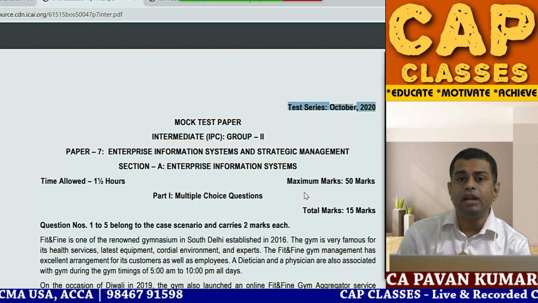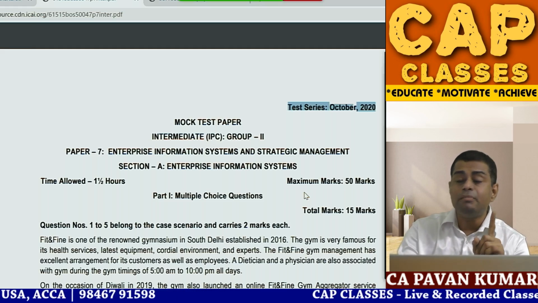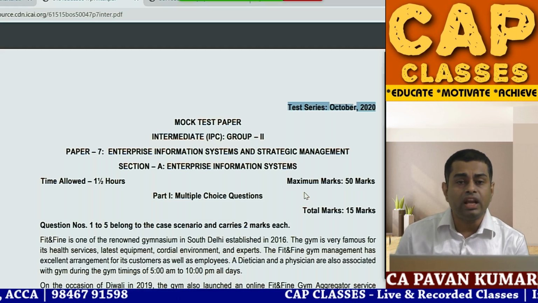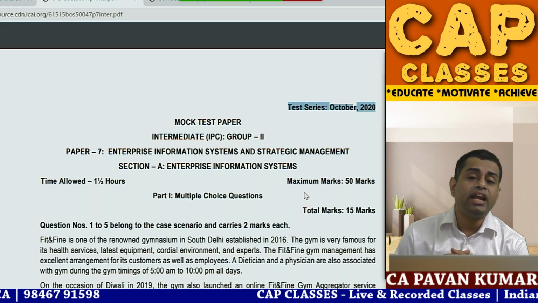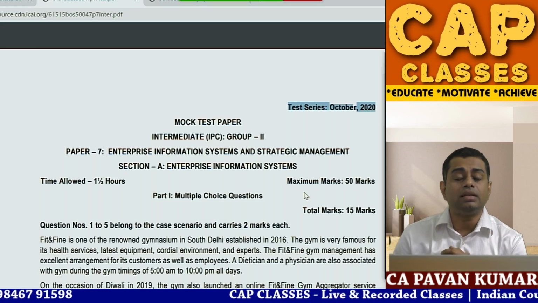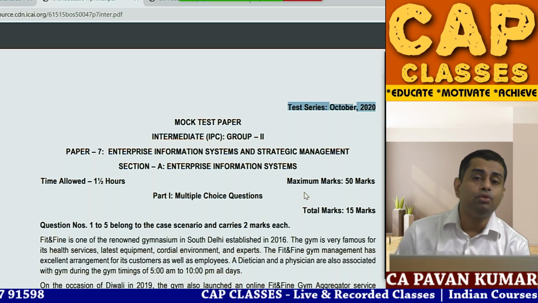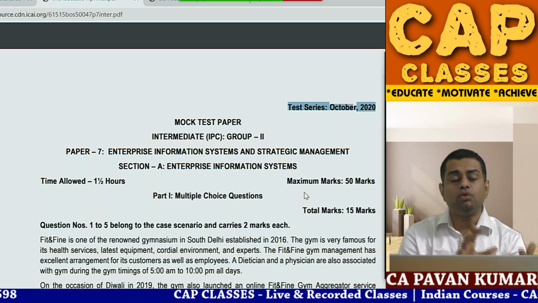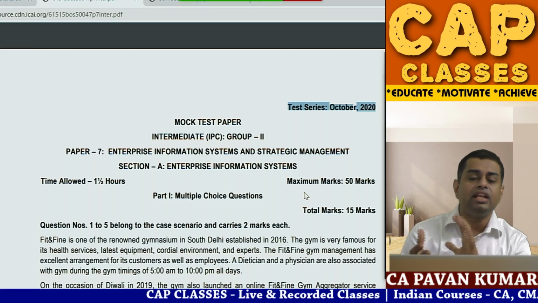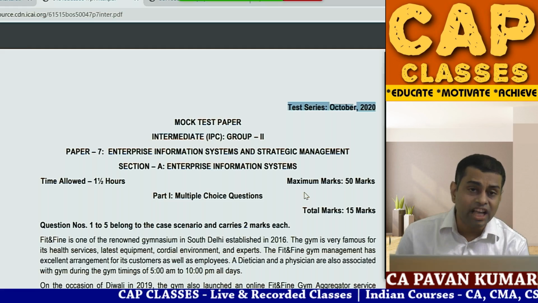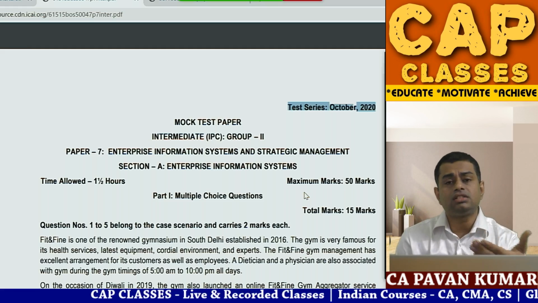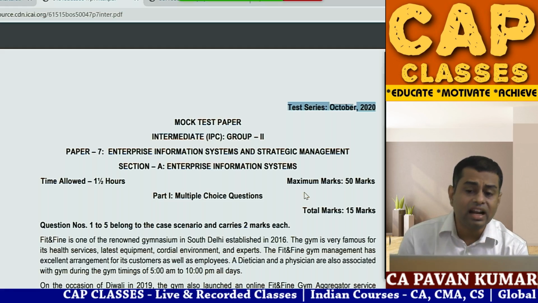Usually in this 15 marks, they'll give you one case study based MCQ. They'll give you some story, and after that, they'll give you 5 MCQs. You need to answer them correctly. Then they'll give you independent ones, that means without any case study. In general, they'll give you 10 MCQs with 4 options A, B, C, D, and you need to pick the correct answer.